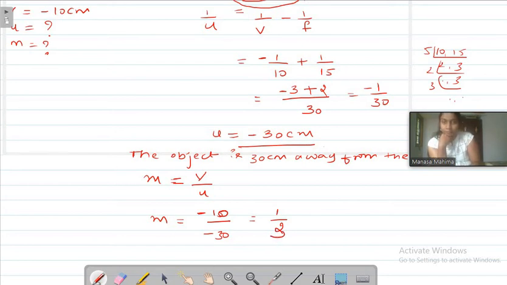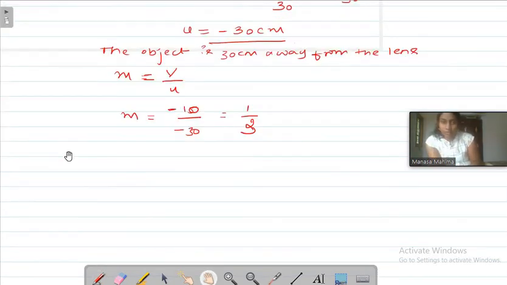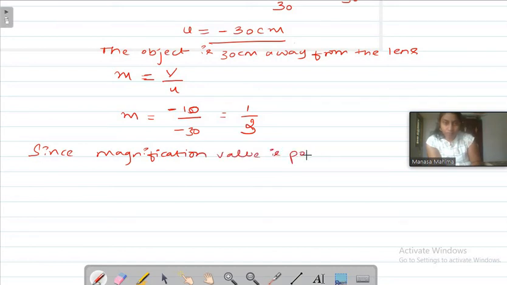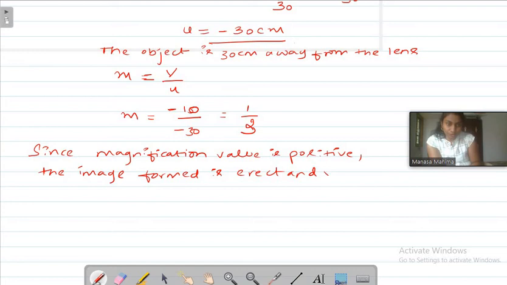Okay. This positive sign of the m value shows what it indicates. Since the magnification value is positive, we can say the image formed is erect and virtual.